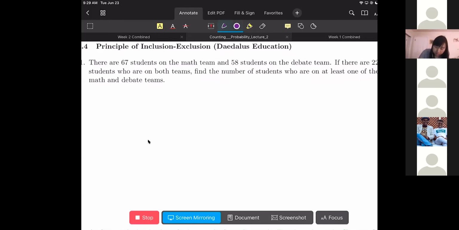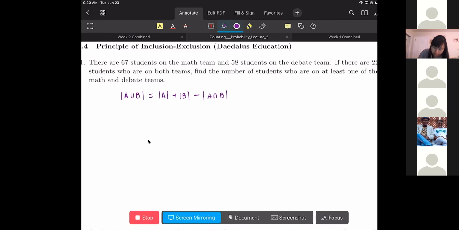Right, so let me just write this out. So remember we had this principle of inclusion-exclusion, which is the size of the union of 2 sets is equal to the size of one set plus the size of the other minus the intersection.